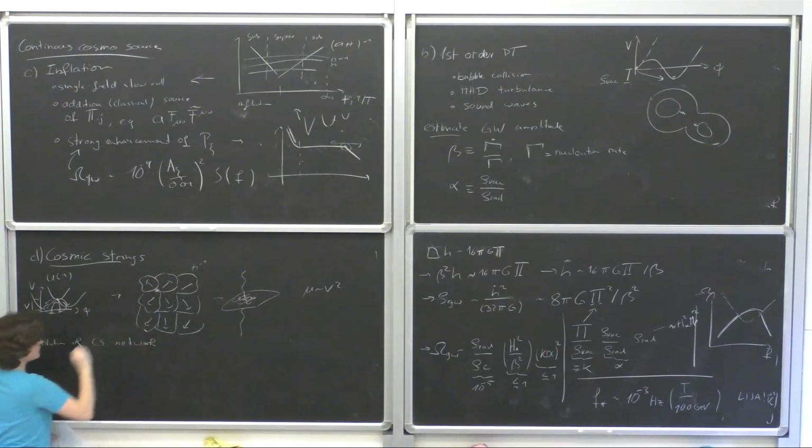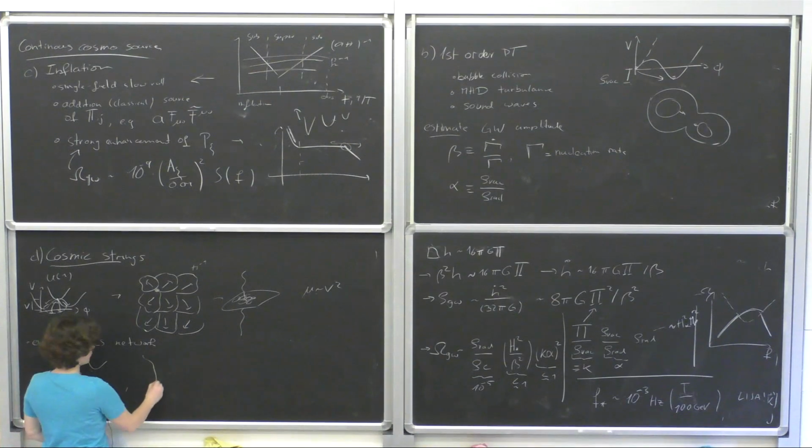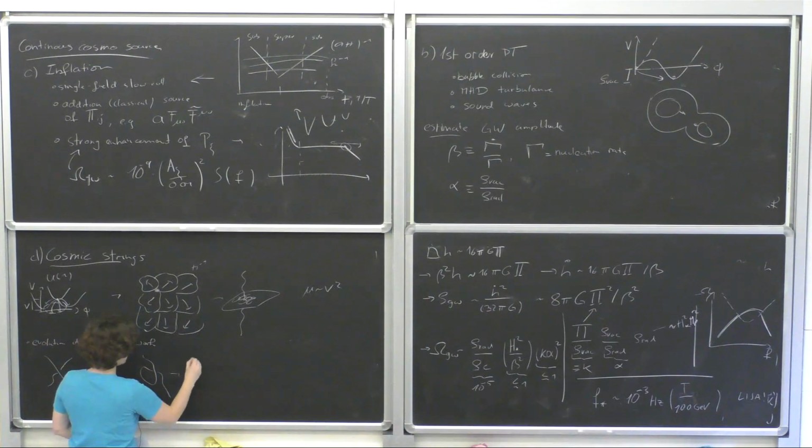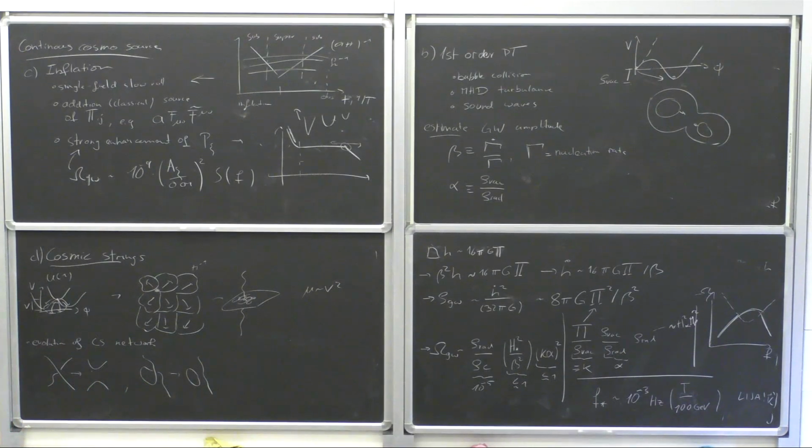As I said, the thing is topologically stable, so it cannot just decay away. But it can intersect with another string, in which case you will get something like this. It can also intersect with itself, in which case you will chop off a string loop. Because of the string tension, it's energetically better to go into this configuration where you save a bit of string length and hence a bit of energy.